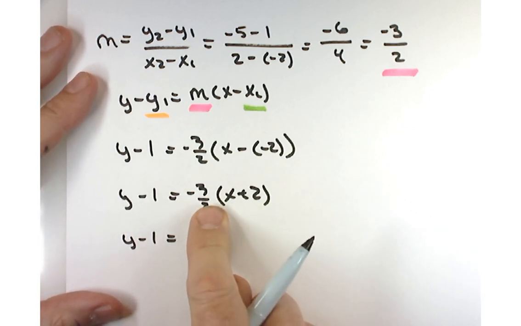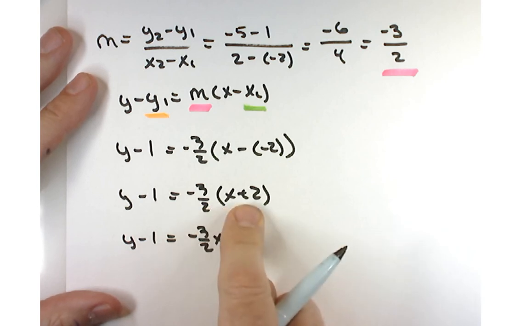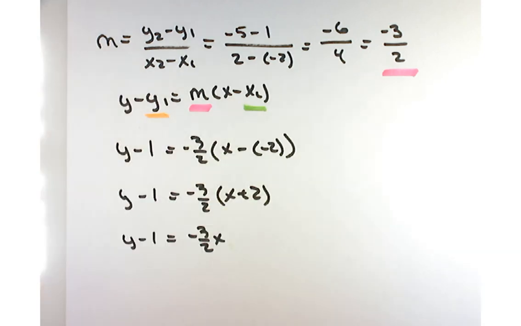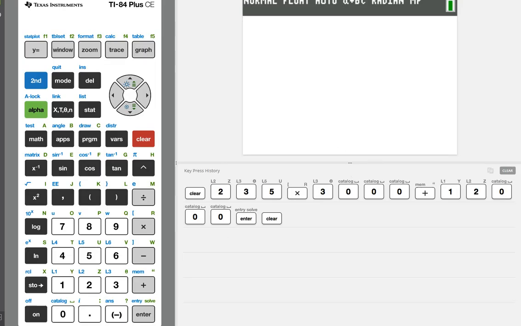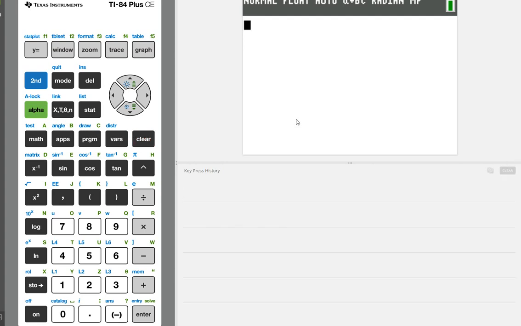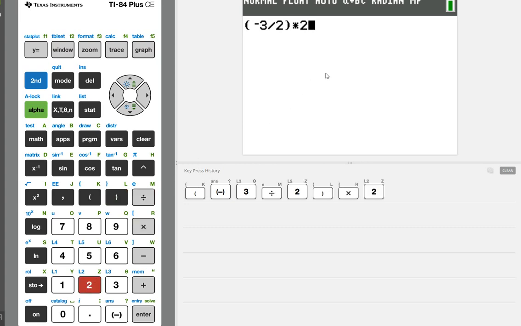What's going to happen when I multiply negative 3/2 times 2? Well, if you're uncomfortable with these things, take out a calculator and do it. I'd like for you to be able to do these things in your head, but if you're not comfortable, you can just take negative 3 divided by 2 and then multiply it by 2. So you should get negative 3.